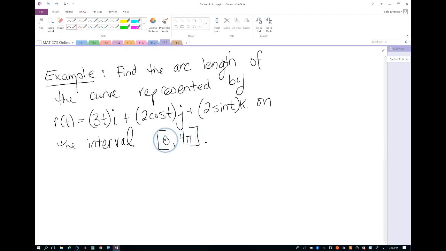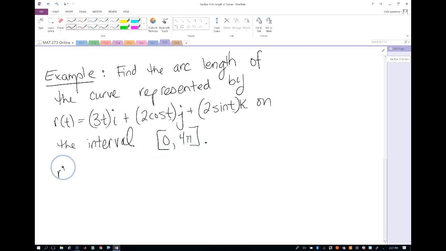So these t values here look like angles in radians because our t appears multiple times inside of a trig function. So that's pretty common. If all of the functions were algebraic, you might just have two nice whole numbers there.